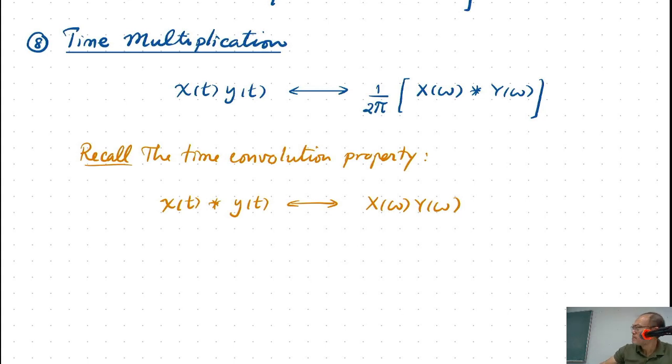For example, if in the time domain we multiply two signals together, then in the frequency domain we do the convolution. On the other hand, if the time domain is time convolution, then the other domain would be the multiplication. So you see the similarities between them. In fact, these are consistent with duality.